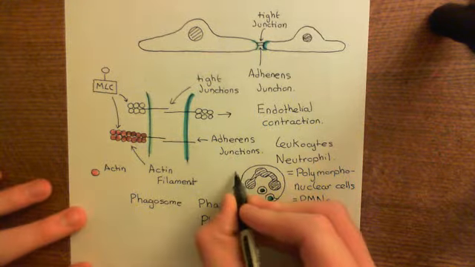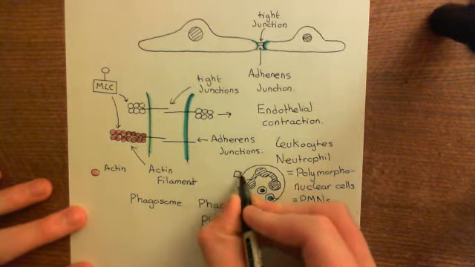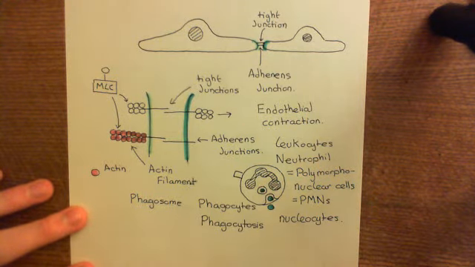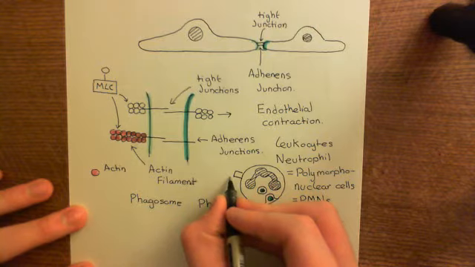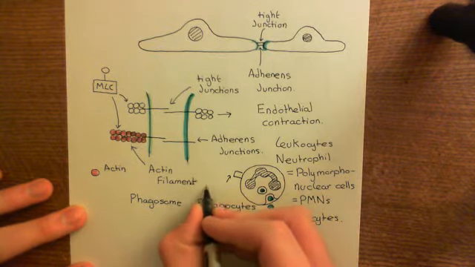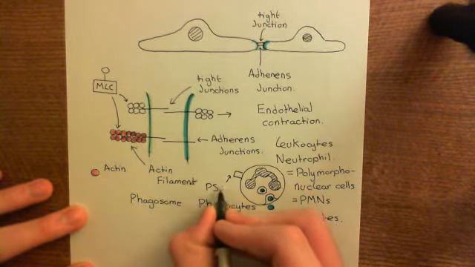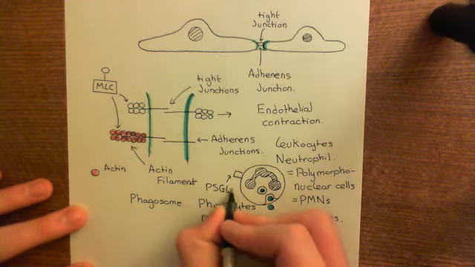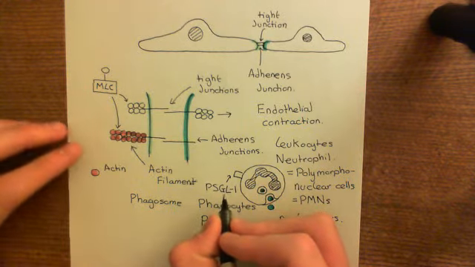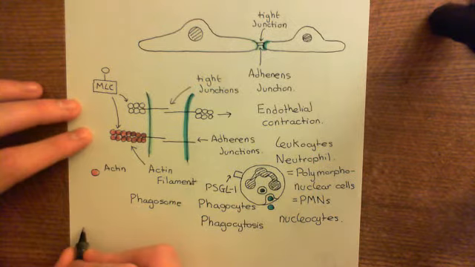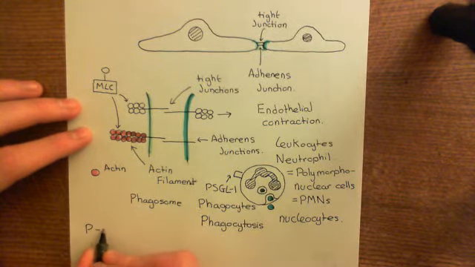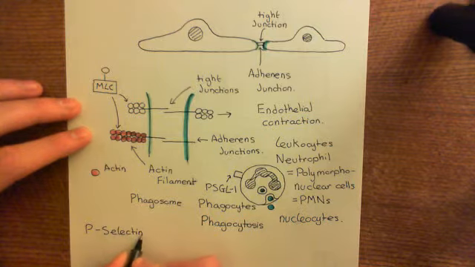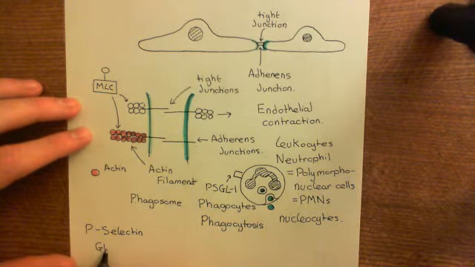Okay, so let me tell you the name of this protein that's on the surface of neutrophils. On the surface of the neutrophils, you have a protein known as PSGL1. Now, what does this stand for? P-selectin, so that's the PS, and then glycoprotein is the G, and then the L is a ligand.